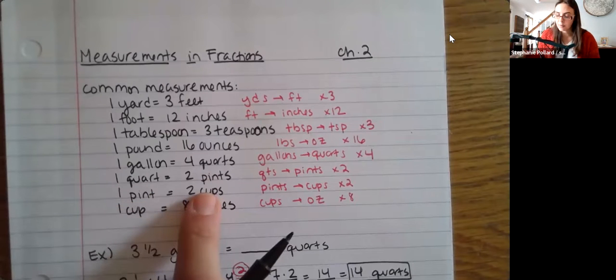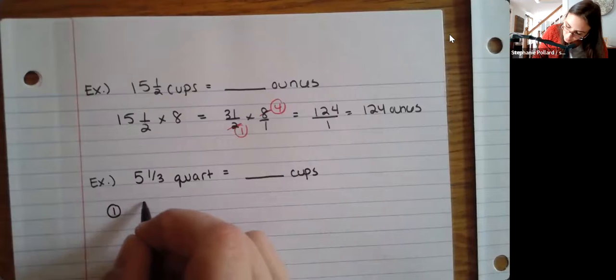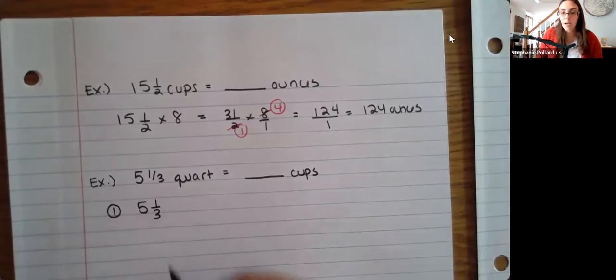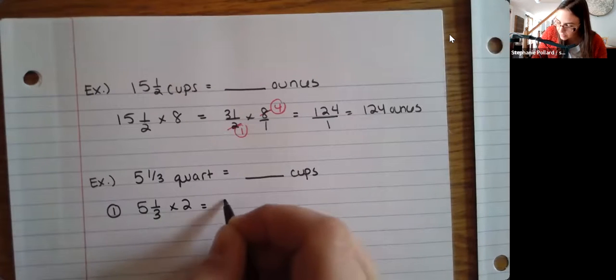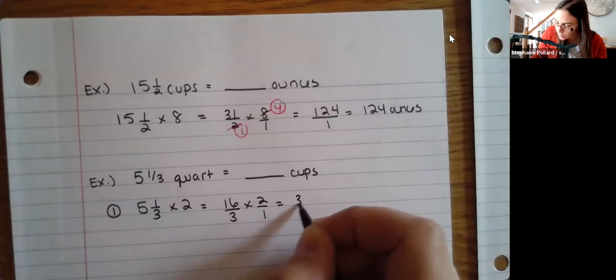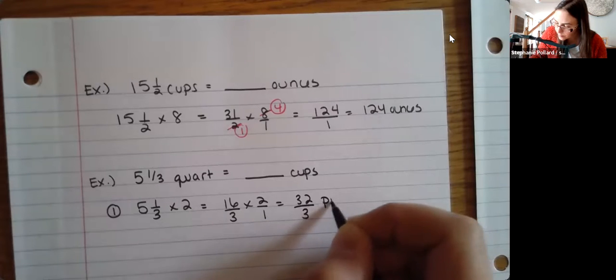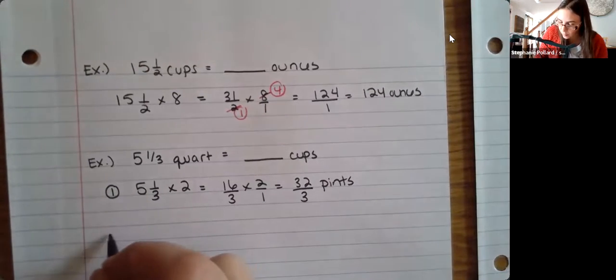So I'll do it in 2 steps here. If I go back to that chart, to go from quarts to pints, we're multiplying by 2. 1 quart has 2 pints. That gives me 16/3 multiplied by 2 over 1, which is 32 over 3. And again, because I'm not done, I'm just going to leave the improper fraction. It's much easier to work with.